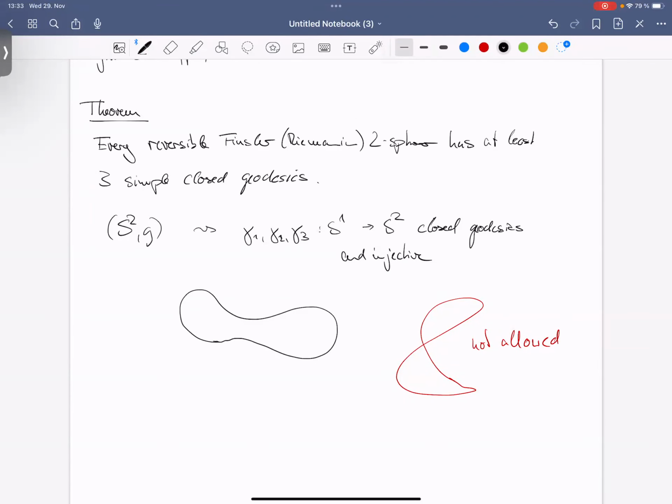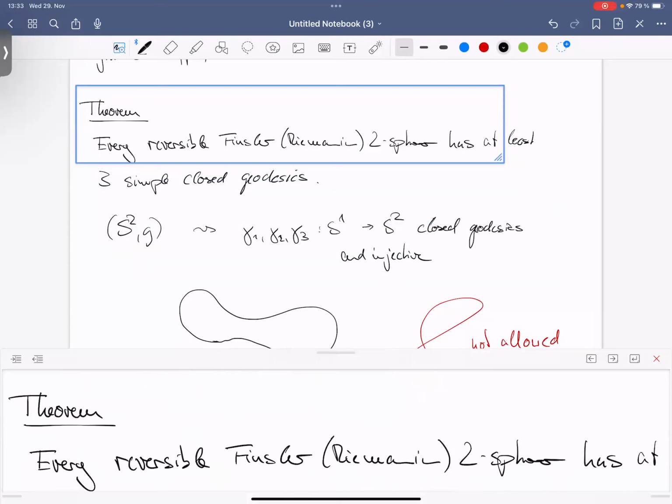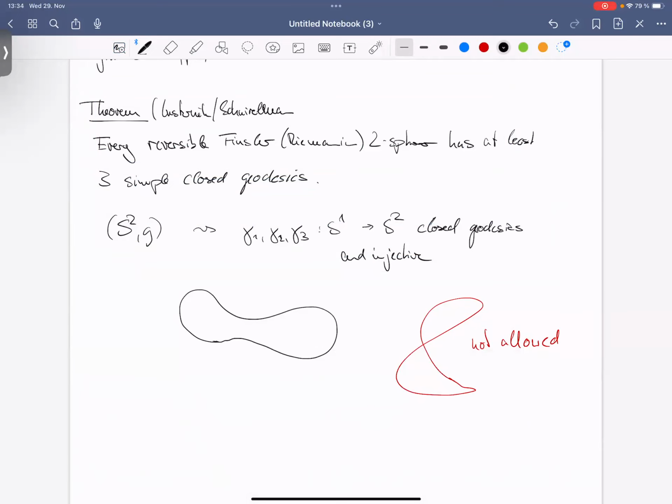For Riemannian metrics, the theorem is due to Lusternik and Schnirelmann, in the late 20s, early 30s. Victor Bangert once wrote that the story of this theorem is very colorful, because the way they get these three geodesics is via a Morse theoretic method, not on the regular loop space, but on a space of embeddings.